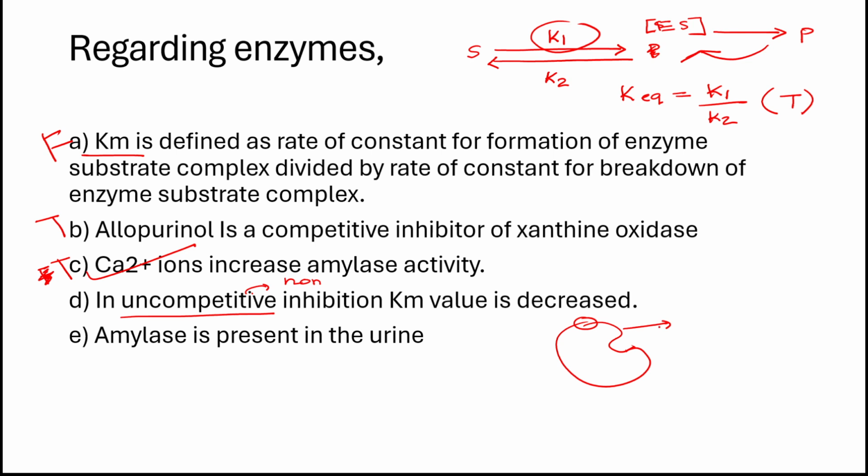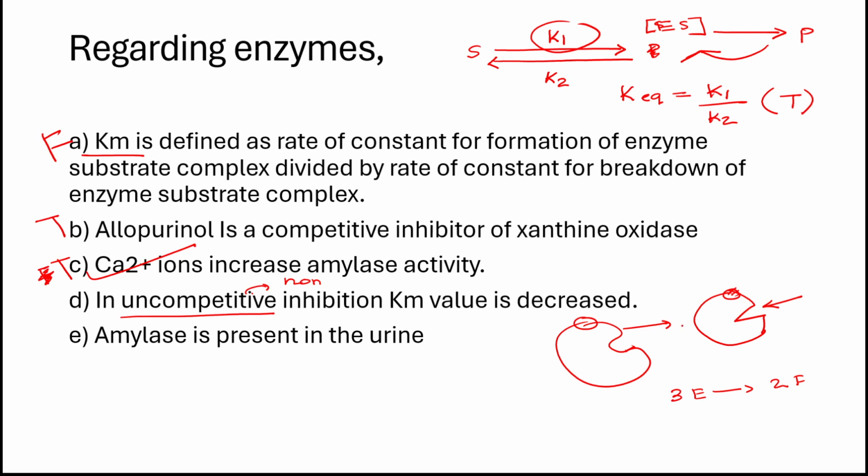It will change its structure so that it will no longer have the capacity to bind with the substrate. So this is now a non-functional enzyme. It will not bind with the substrate, therefore it will not take part in enzyme substrate complex formation. So out of the three enzyme molecules, now only two are functional. The enzyme which is bound to the non-competitive inhibitor is completely not active.